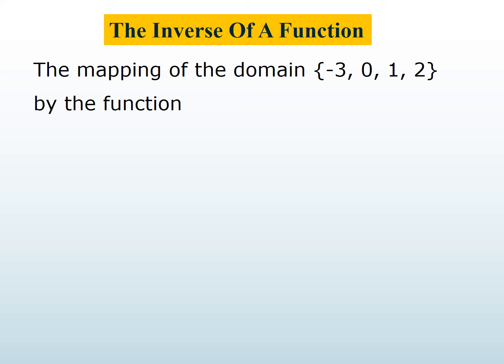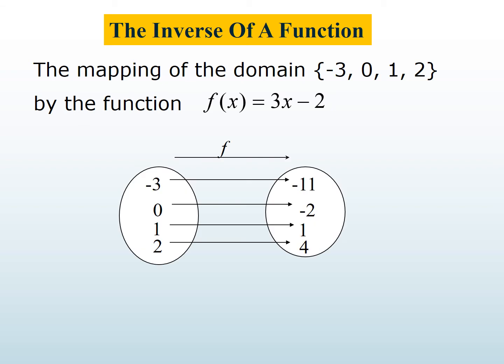The mapping of the domain with elements negative 3, 0, 1, 2 by the function f(x) equals 3x minus 2 can be represented in an arrow diagram. This is a function f mapped from x to y.